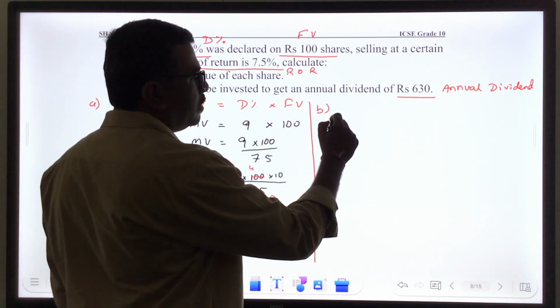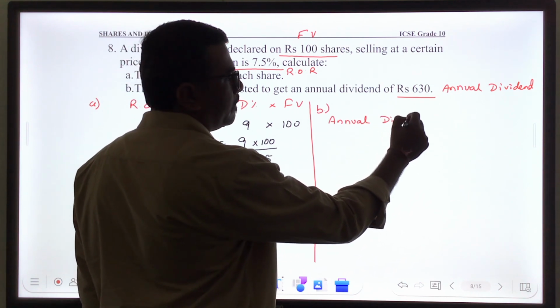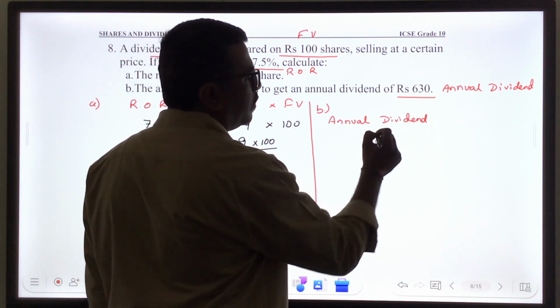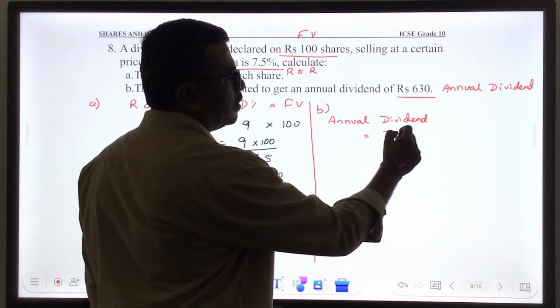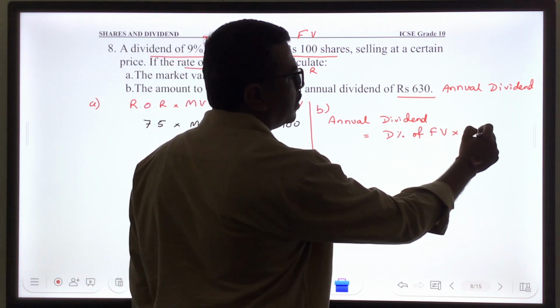Annual dividend is equal to rate of dividend on face value times number of shares.